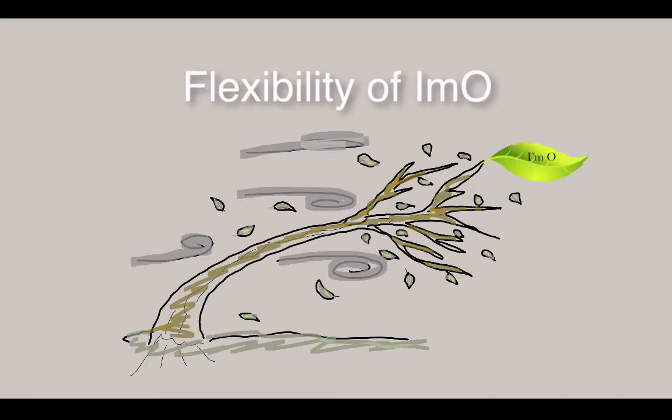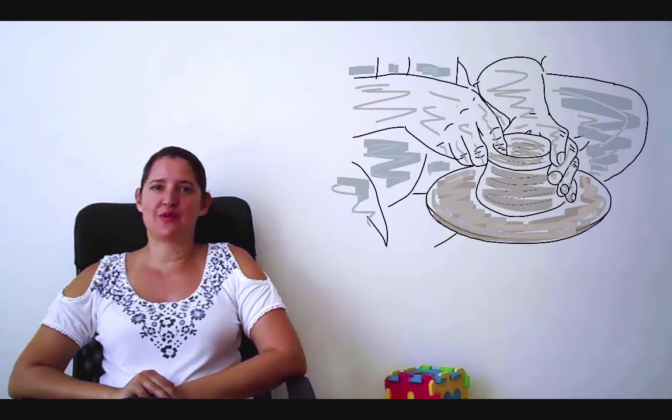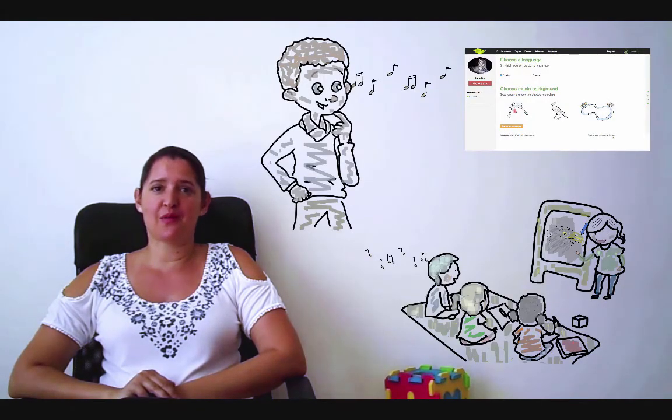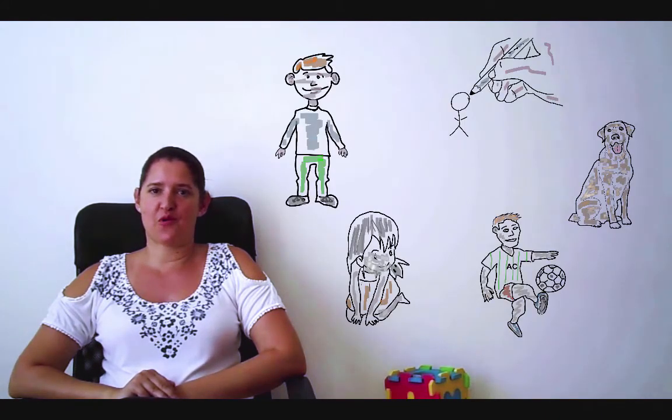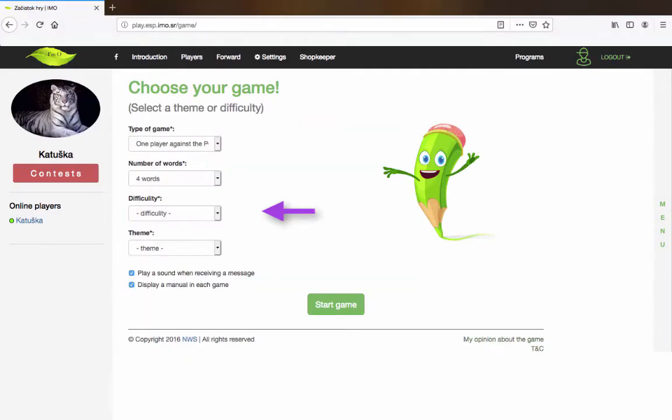Flexibility of IMO. You can adapt the way you work with the program to pupils' special needs. It is even possible to use the program as a sound recording only. You can set the IMO according to age, knowledge, interests of the child by choosing the grade, difficulty, or the topics.